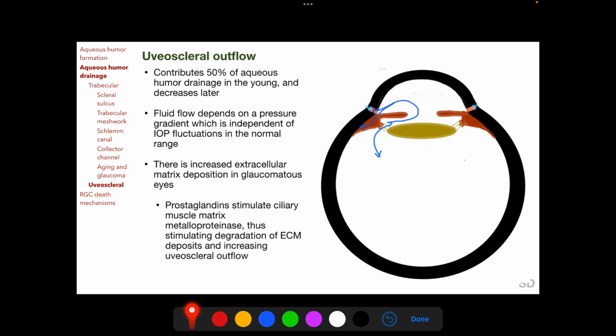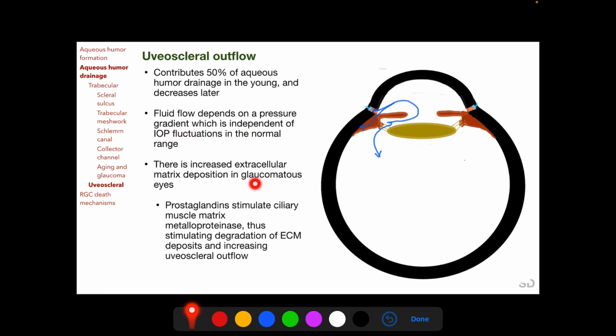Uveoscleral outflow, which occurs through the root of the iris and the anterior face of the ciliary body, contributes as much as 50% of total aqueous humor drainage in young individuals, but decreases later. The fluid flow in uveoscleral outflow depends on a pressure gradient, but this pressure gradient is independent of IOP fluctuations in the normal range.